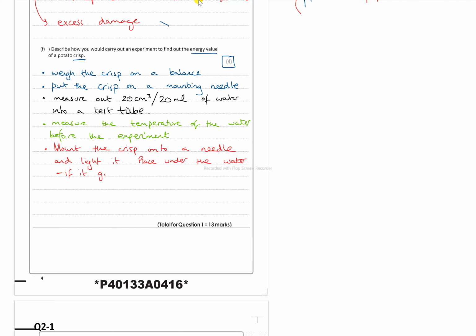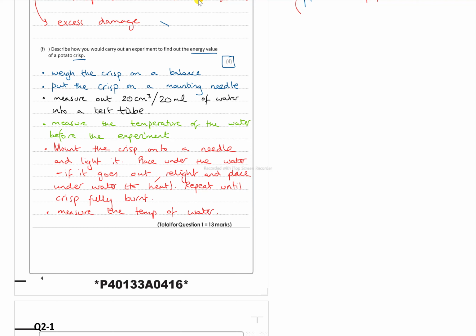If it goes out, relight and place under water again to heat the water. Repeat until the crisp is fully burnt. Then measure the temperature of the water.